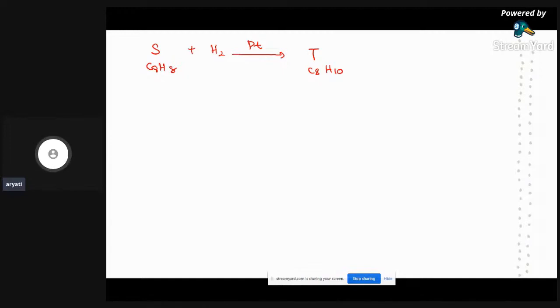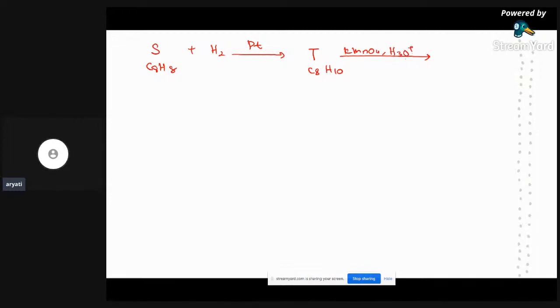Compound U is formed when T is heated with alkaline potassium permanganate solution. So T dipanaskan dengan kalium permanganate, followed by hydrolysis.